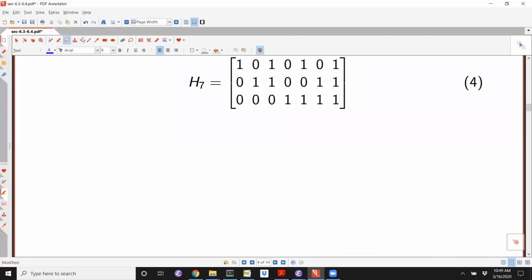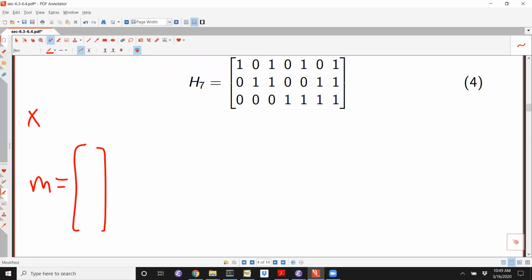Okay, so let's actually try to do a problem. Can somebody give me 4 message bits? This is what Xavier wants to send. Just somebody type in four. Alexis wins, I guess: 1, 1, 0, 1.